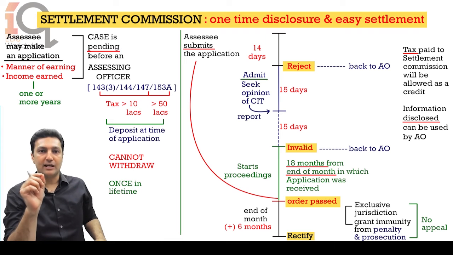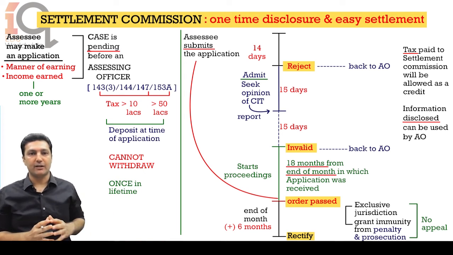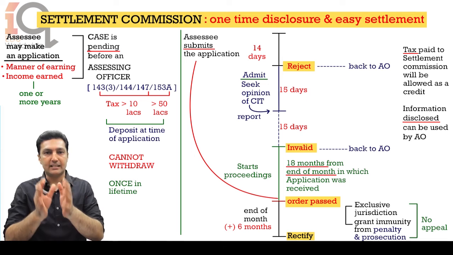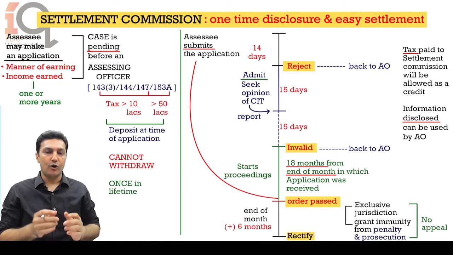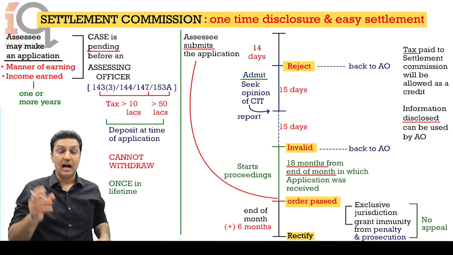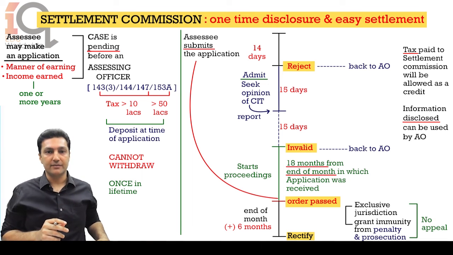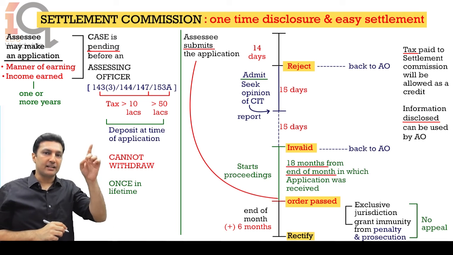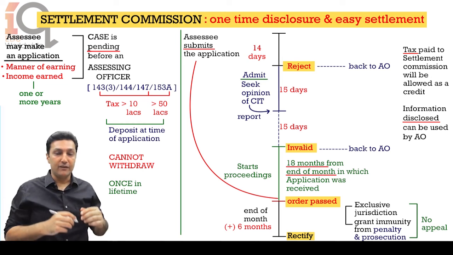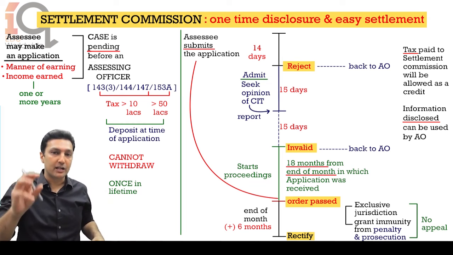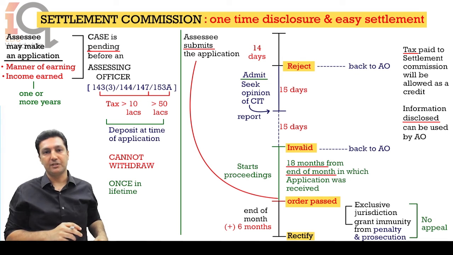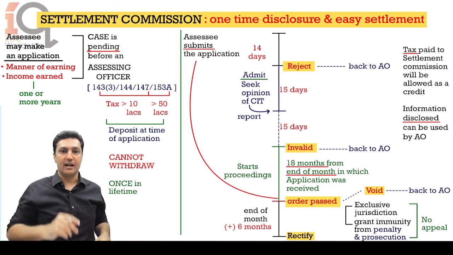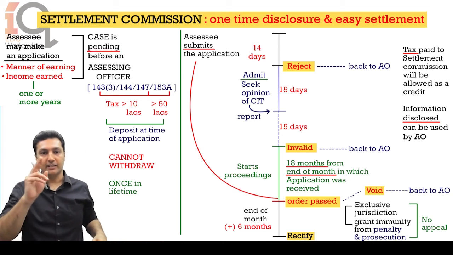So you need to now understand that this is going to be the main procedure that we are going to be doing, and the basic idea is for the assessee to come clean. Let's now look at the details of when a case is pending, how the procedure of calling for information happens, and what happens after abatement, because we've looked at one stage wherein they reject, the second was abatement, and the third, if later after the order it is found that you had obtained it by fraud or misrepresentation, the order of the settlement commission will be declared void, and then again the AO will start making the proceedings or making the assessment again.